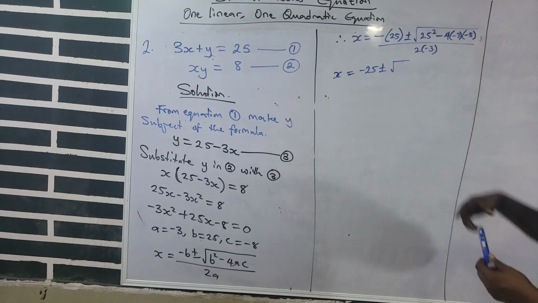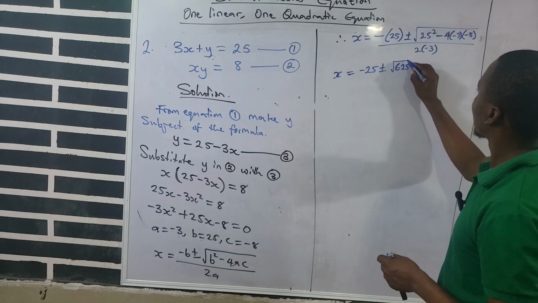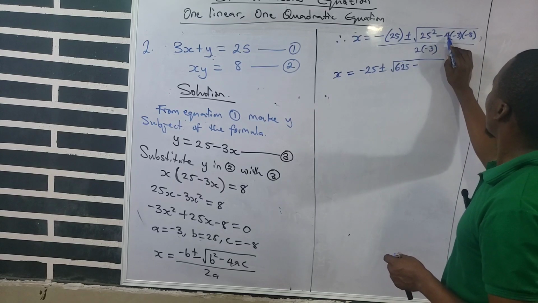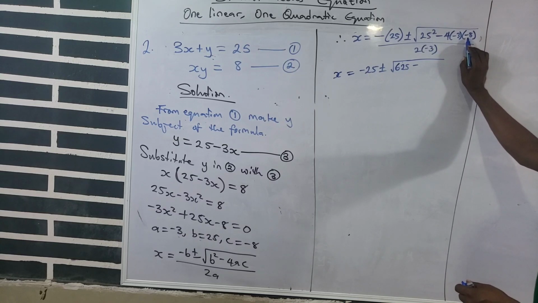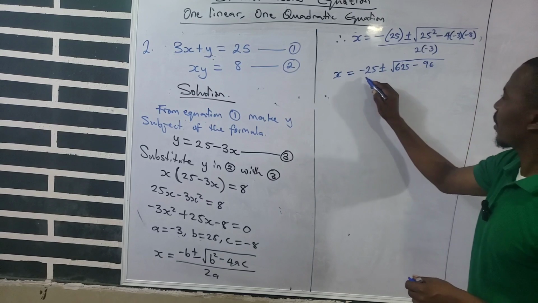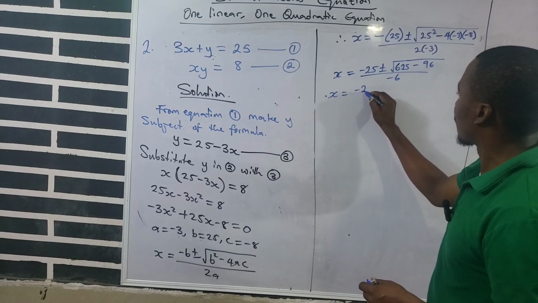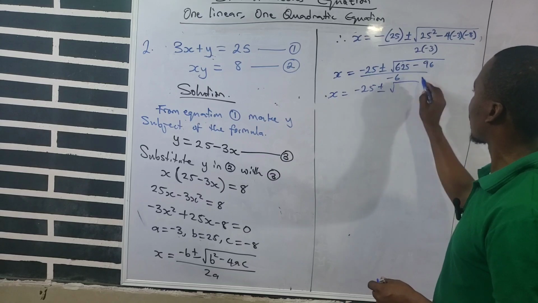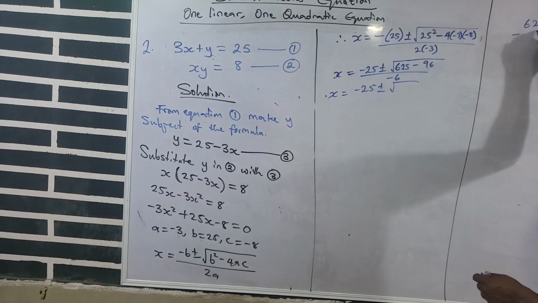So we are going to find the value. 25 squared will give me 625, minus this, and this will give me 24. 24 times 4 will give me 96, all over minus 6. So x will give me minus 25 plus or minus the square root of, when you subtract, 625 minus 96.